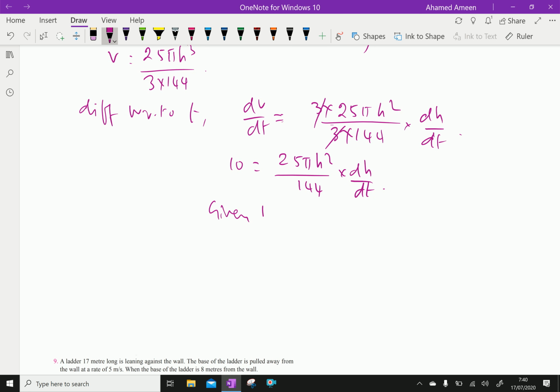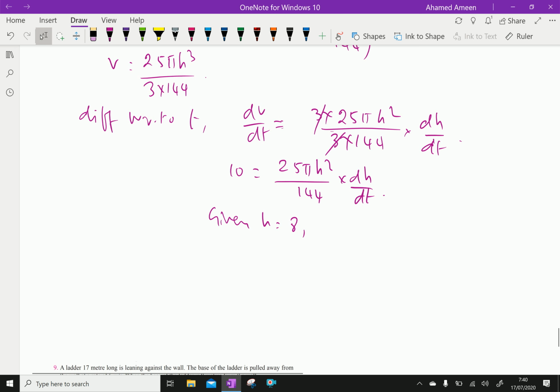Now given h equal to 8 and dV by dt equal to 10 meter cube per minute, from that we have to find dh by dt. From this condition, dh by dt is 10 into 144 over 25 pi h squared.